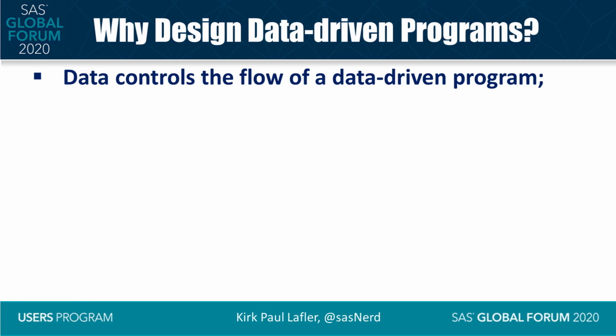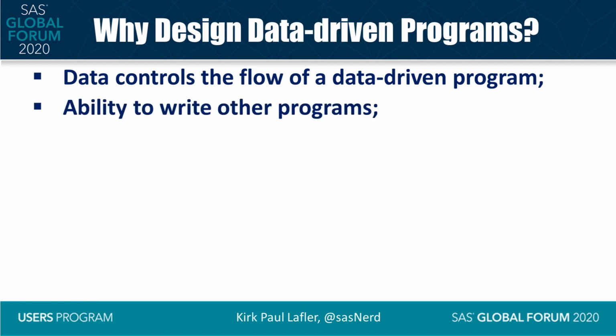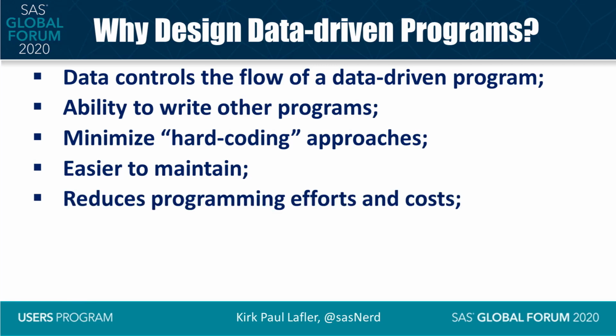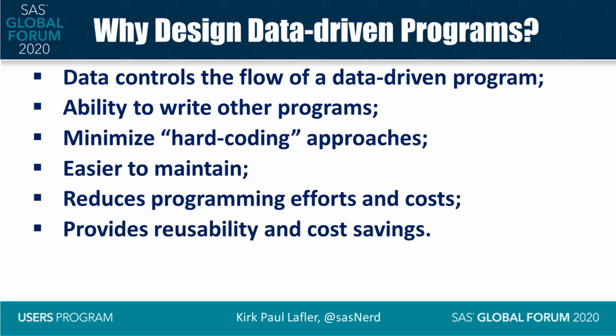So it behooves us to have clean data or reliable data. It also has the ability to write other programs and to minimize hard coding approaches, resulting in something that's easier to maintain. Also, reducing programming efforts along with costs, providing reusability and a cost savings to the organization itself.